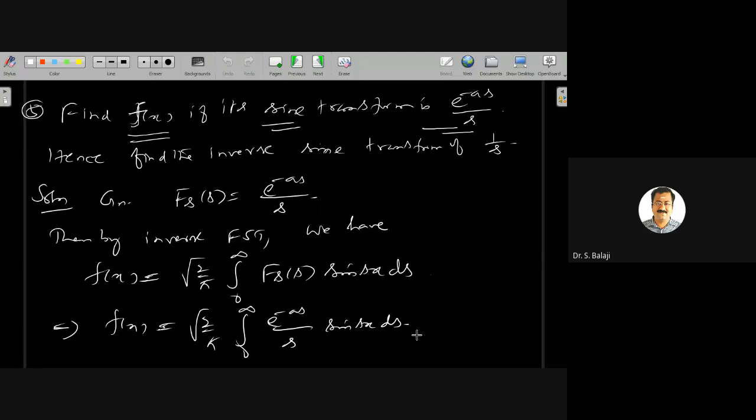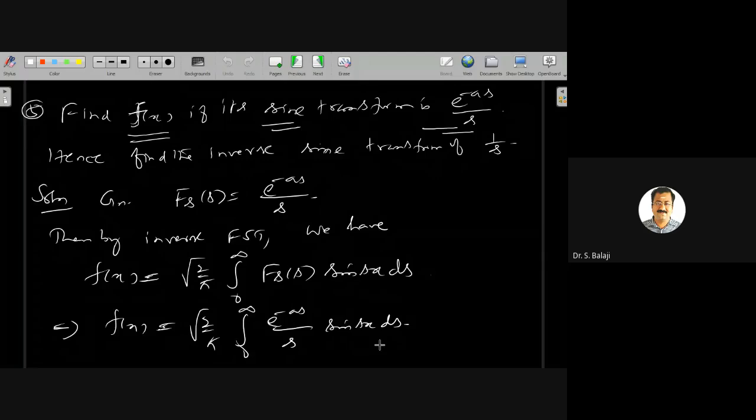Okay. Can anyone give the idea for solving this? After this, how can you solve the integration? What type of procedure can you follow? From this, you have to identify f of x.